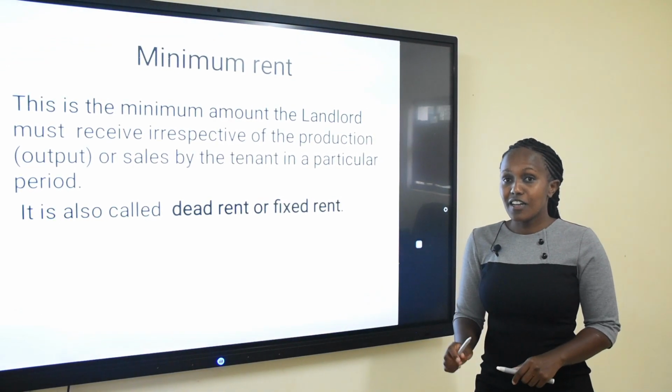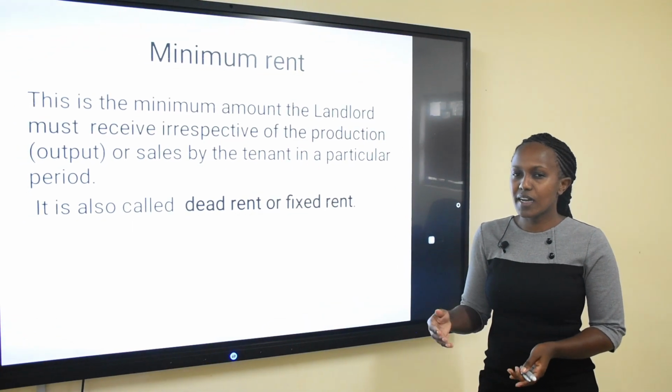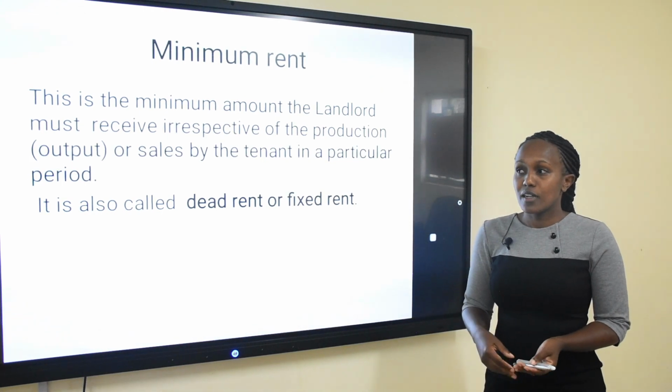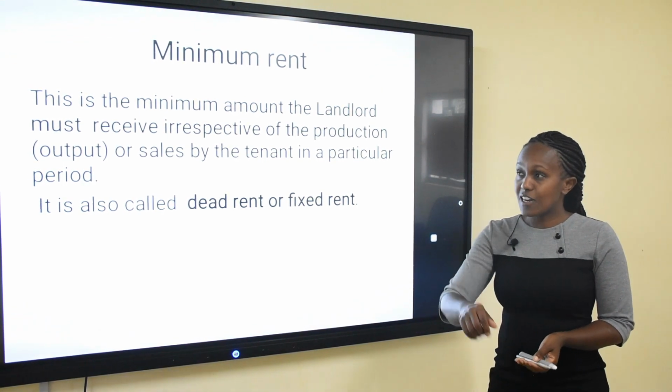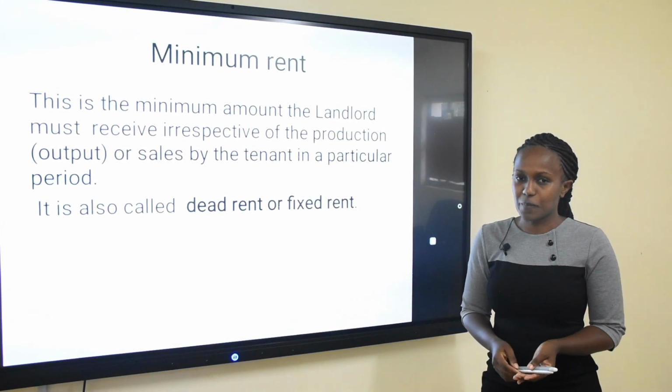Therefore, in that month or in that period, that means the tenant was not able to work hard enough to meet the minimum rent. So, in this example, let's say that the landlord has declared that the minimum rent that he can accept is 10,000.